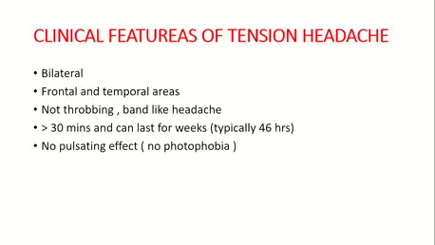So it's bilateral around the frontal and temporal area. It's not throbbing, it's not sharp, and it lasts from 30 minutes and can go up to 46 hours. Even it can last for 1 week.